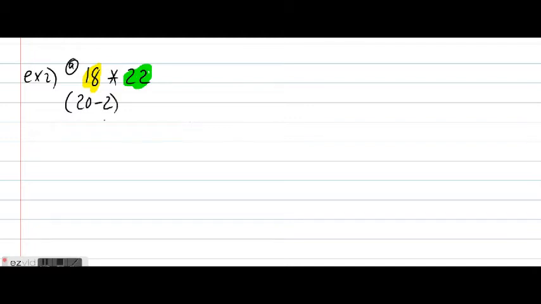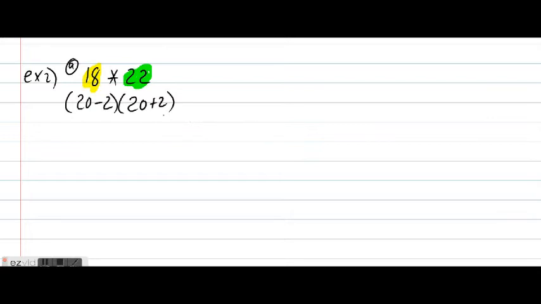So do you agree 18 is 20 minus 2? Times 22, we said was two numbers bigger than 20. Now, do you agree you have a plus b, a minus b? Alright, you have the sum and differences pattern.